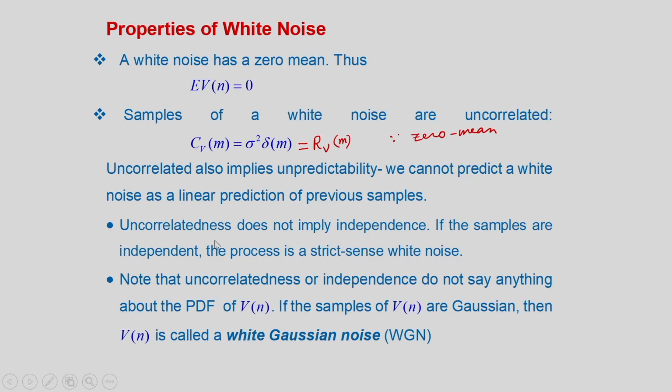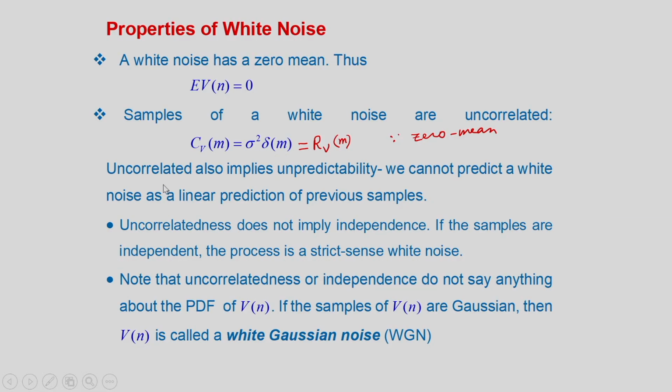If the samples are independent, the process is called a strict sense white noise process. So, that is a very special case. Generally, for a white noise, samples are uncorrelated. Note that uncorrelatedness or independence do not say anything about the PDF of Vn. So, a white noise can have any type of distribution.